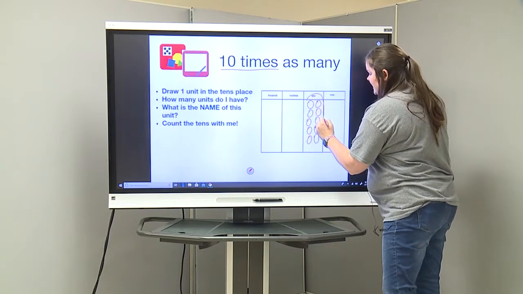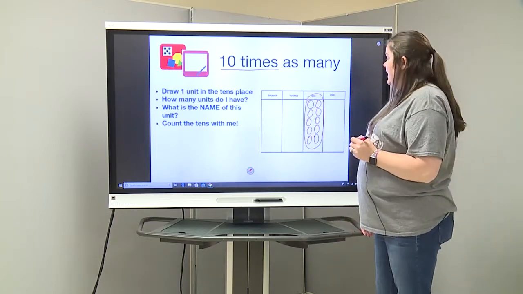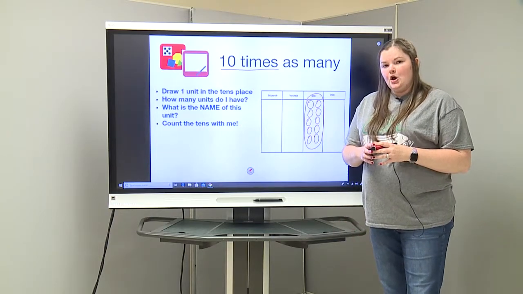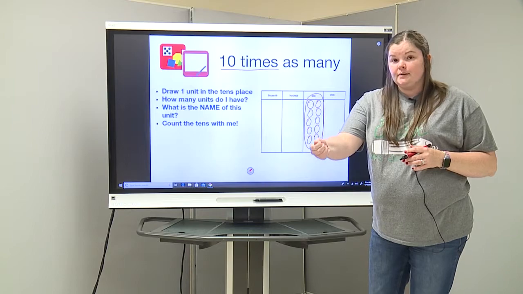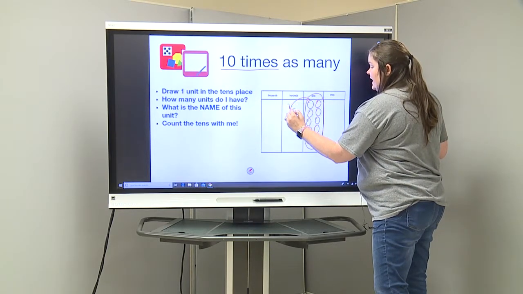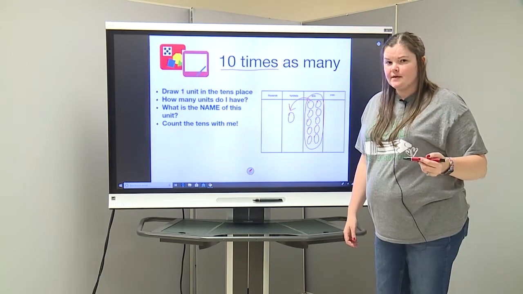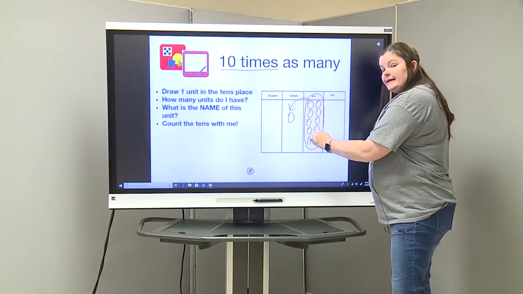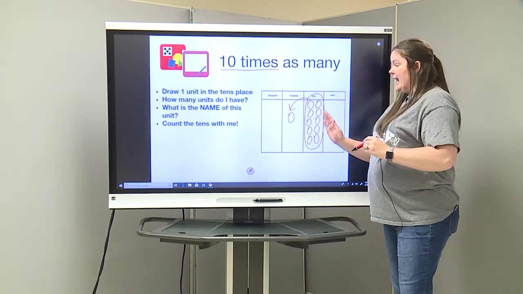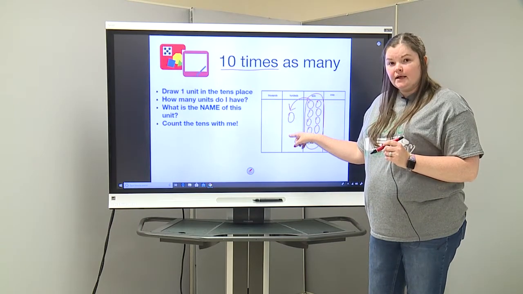If I have 10 $10 bills, let's just say that, I could trade that in for a larger bill. I could trade that in and make that $100 bill, right? So think about that. I had 10 tens and I bundled those and traded it for 100.